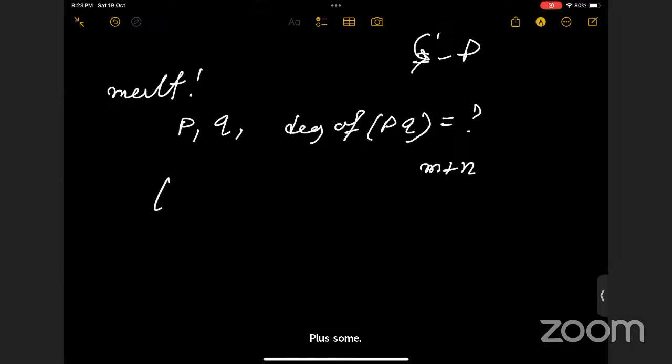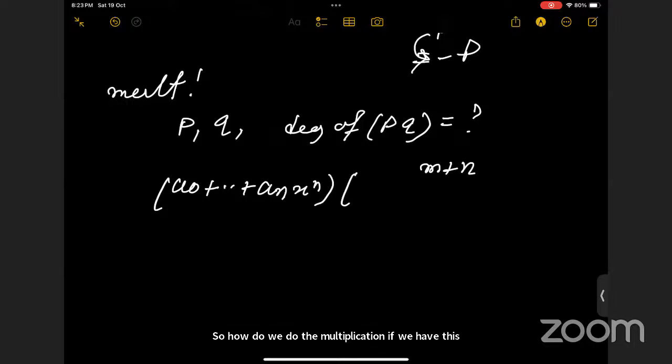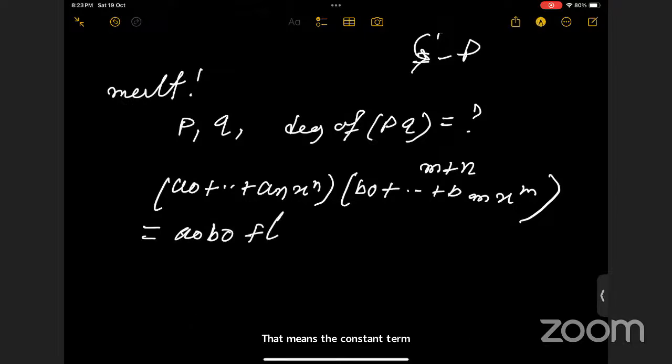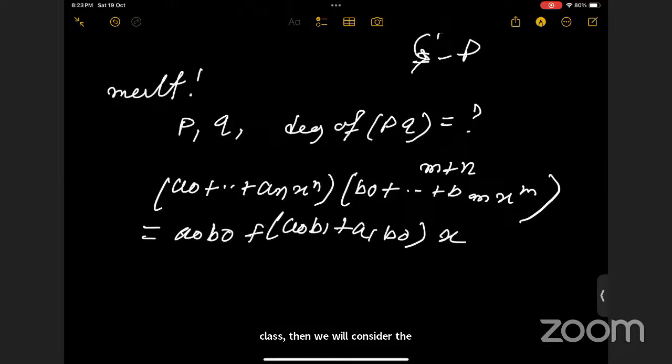So how do we do the multiplication? In the case of multiplication, we generally consider all the terms, right? That means the constant term plus the coefficient of x.